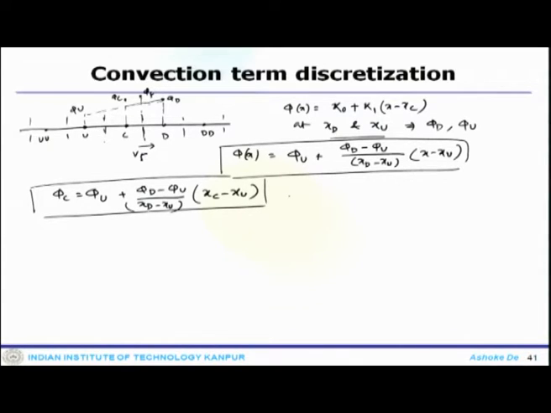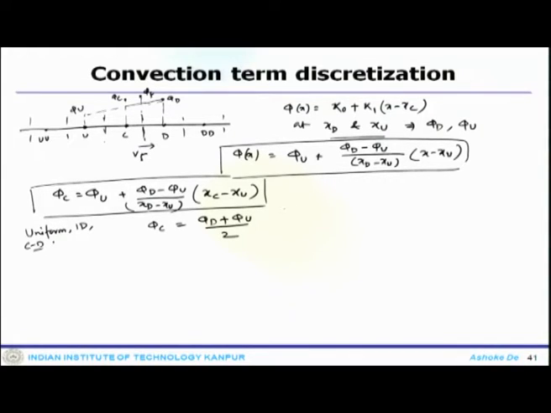Again the assumption remains a uniform grid, 1D convection diffusion system, then phi c becomes (phi d plus phi u) by 2, which is the centroid value, the average between this and this.